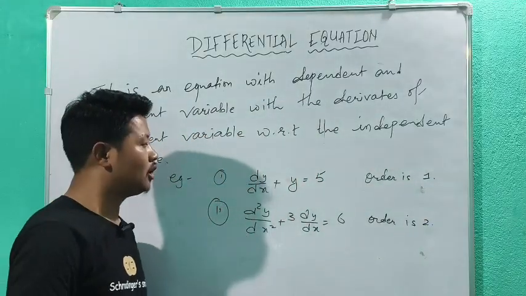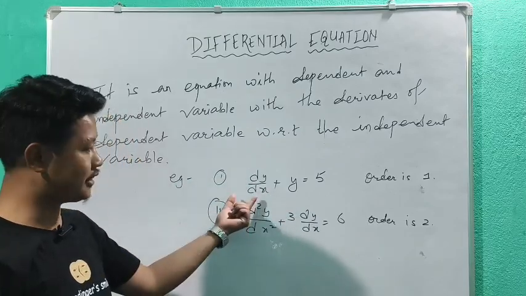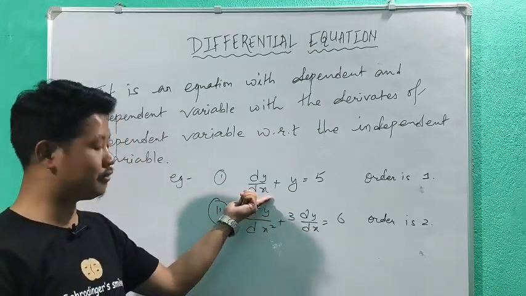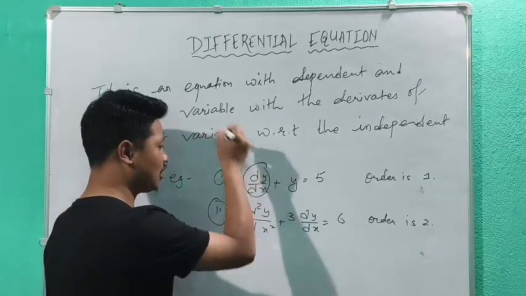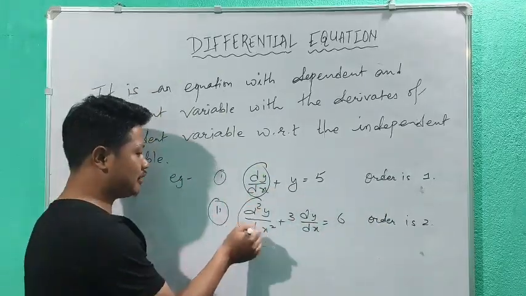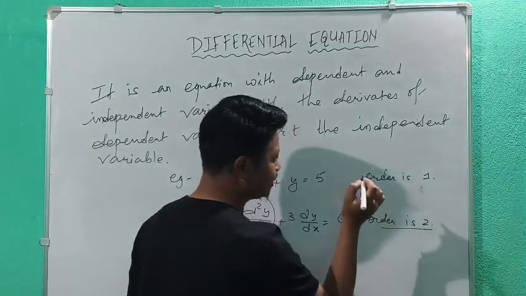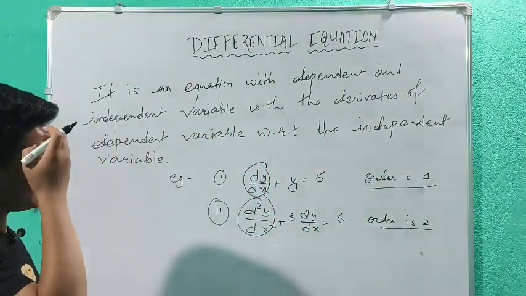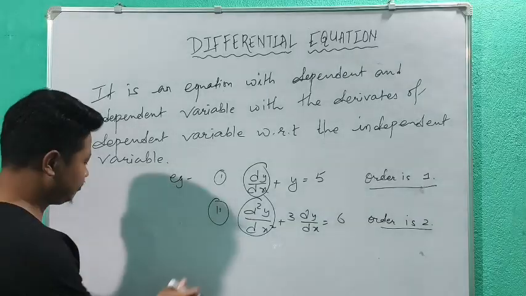Order means the highest derivative in the differential equation. Like the highest derivative is 1 here, that is why the order is 1, and here the highest derivative is 2, that is why the order is 2. Okay, so now the next thing is degree.